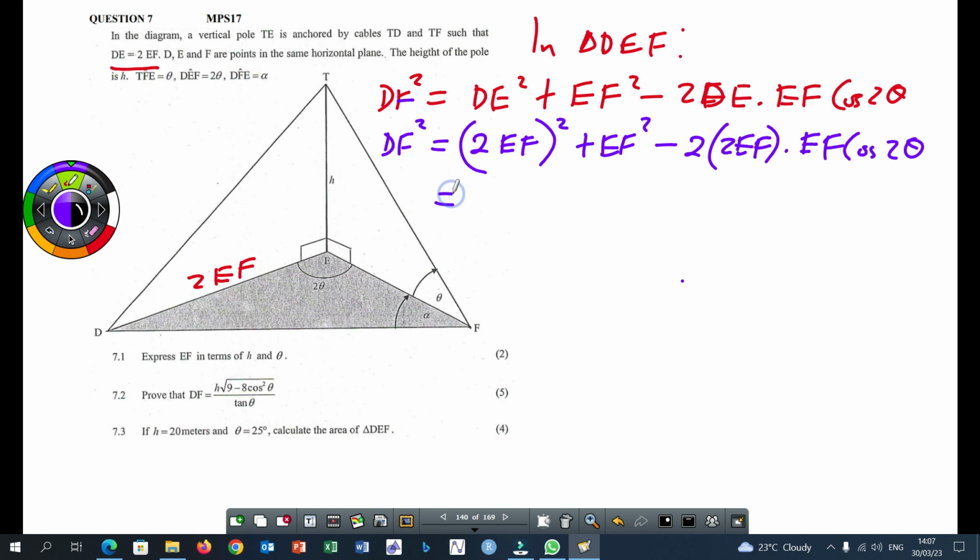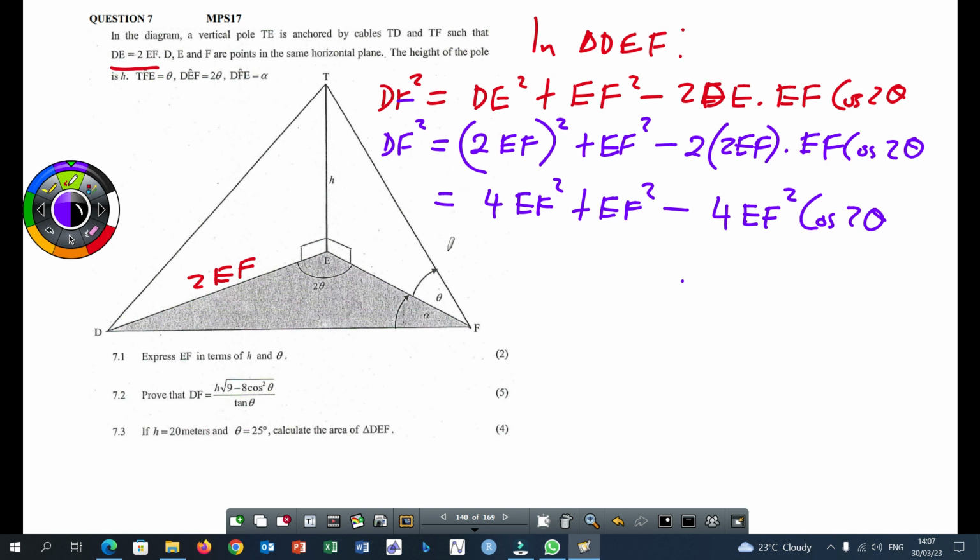So this will give us 4EF squared plus EF squared minus 4EF times this EF here, so we get 4EF squared cos 2 theta.